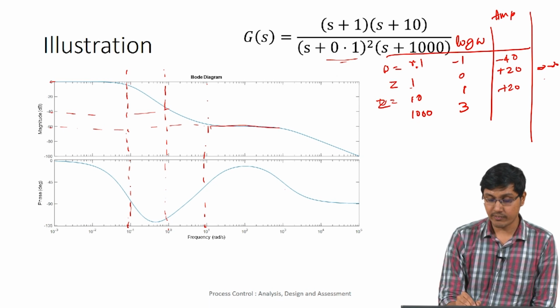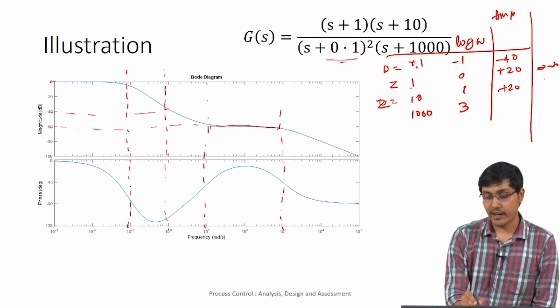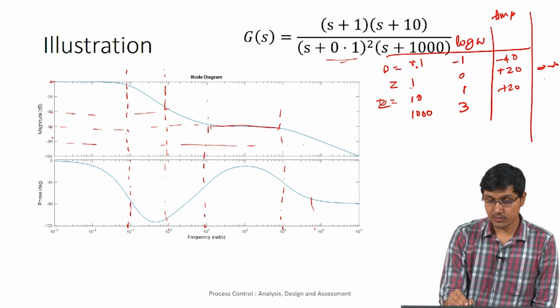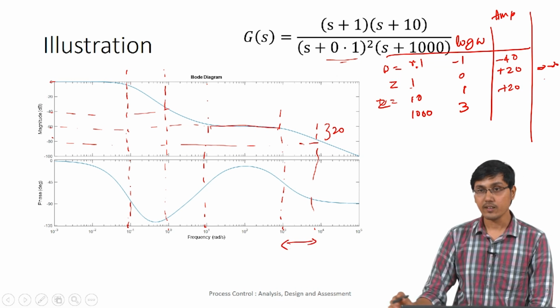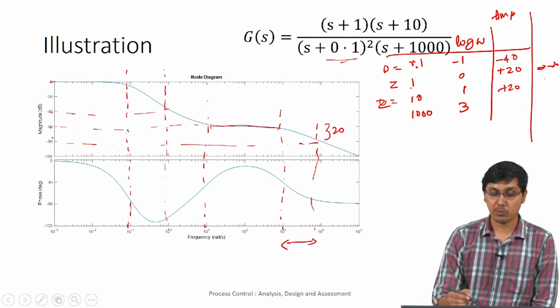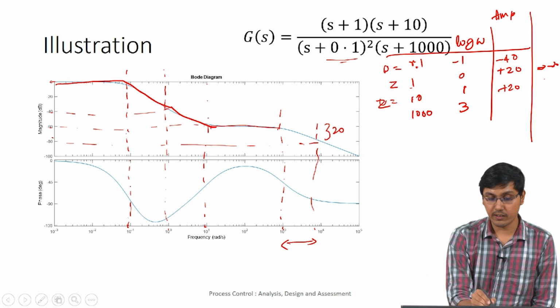At omega equal to 1000 we will have again a fall of 20 dB per decade. This is how you can plot the amplitude plot, and if you draw straight lines like this, it would be fairly accurate.